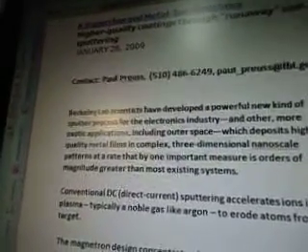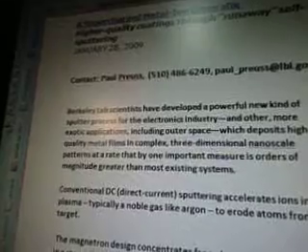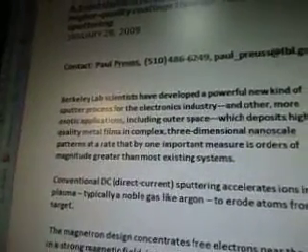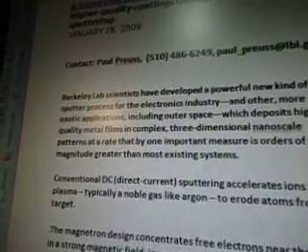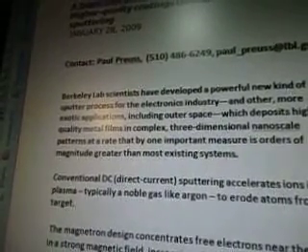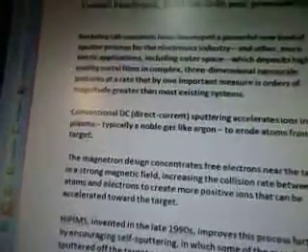There we go, which deposits high-quality metal films in complex three-dimensional nanoscale patterns at a rate that, by one important measure, is orders of magnitude greater than most existing systems. Conventional DC, direct current, sputtering accelerates ions in a plasma. Now remember, we want to accelerate a plasma with neutrinos in it, so I was thinking we could use this device to do that.